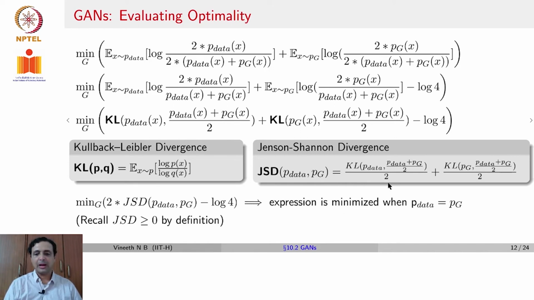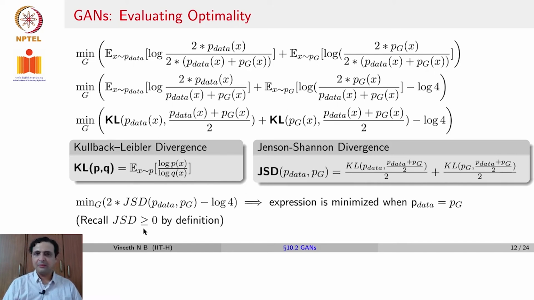So remember, you would have had a by 2 and by 2. So to ensure that this now becomes minimum over G, 2 into Jensen-Shannon divergence of p data and pg minus log 4. Remember that Jensen-Shannon divergence, just like KL, is also a non-negative quantity by definition.